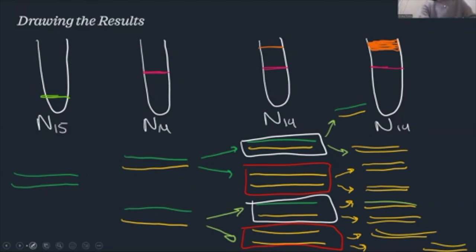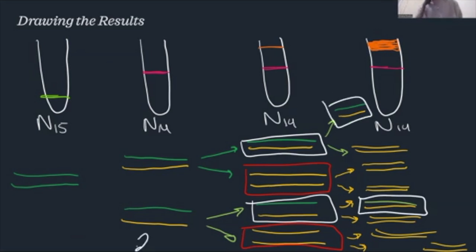So now let's look at the amounts of these. For my ones that are a mix, you'll notice there's still only two. We started with two that were a mix, and then we had two that were a mix, and now we have two that are a mix. So every single time we replicate from vial 2 all the way on, we always only have two of these. That's why that line stays the same thickness, because there's only two.